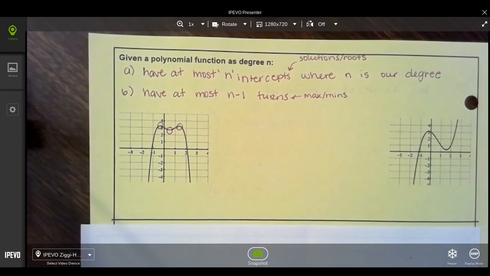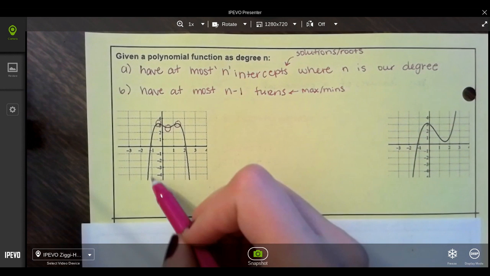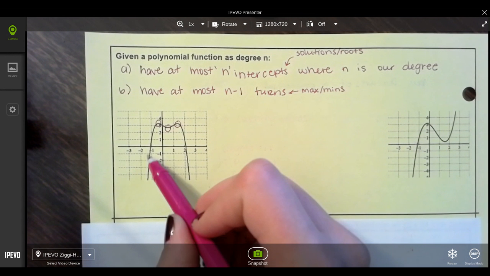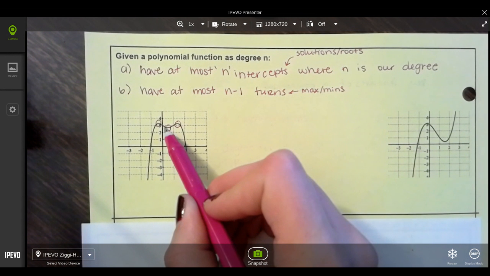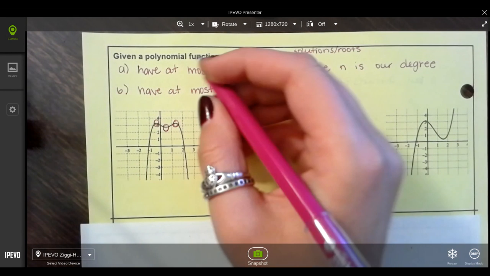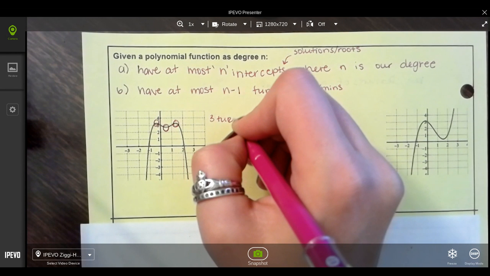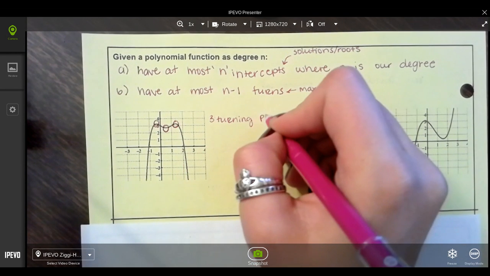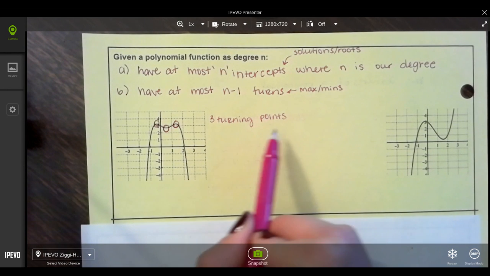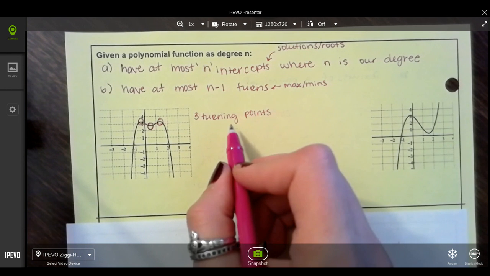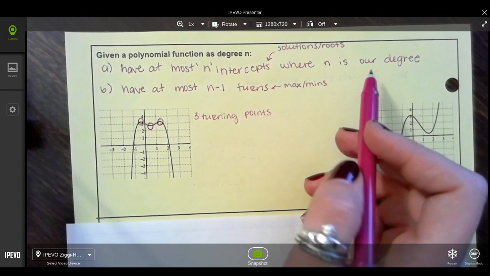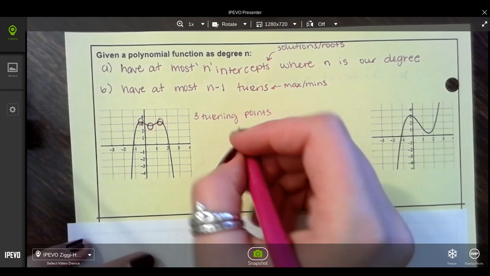Looking at this first graph, how many turning points do I have? I'm going along, and I turn once, I turn twice, I turn three times. So I have 3 turning points. If my turning points are n minus 1, where n is my degree, that means I have 1 less turning point than degree.